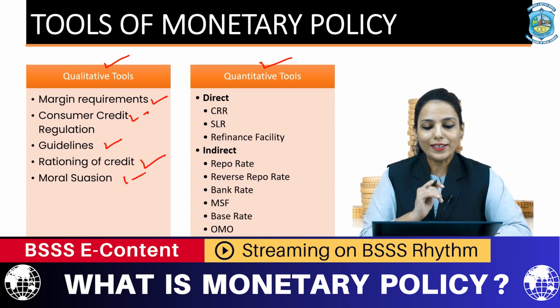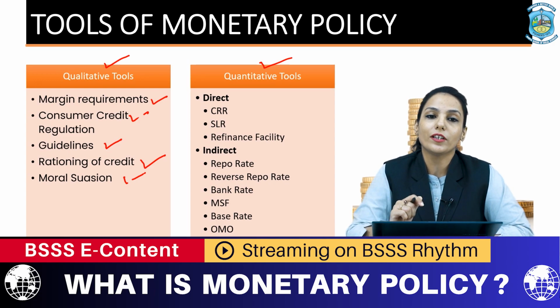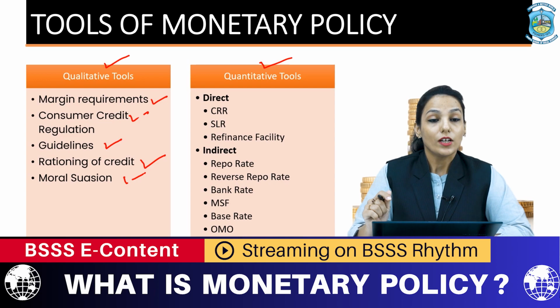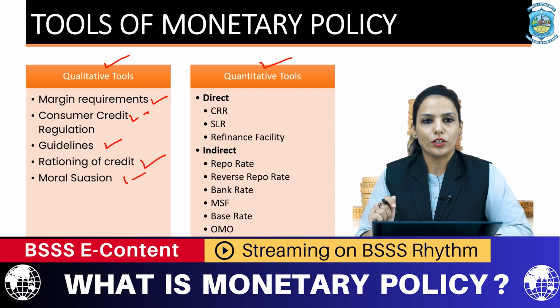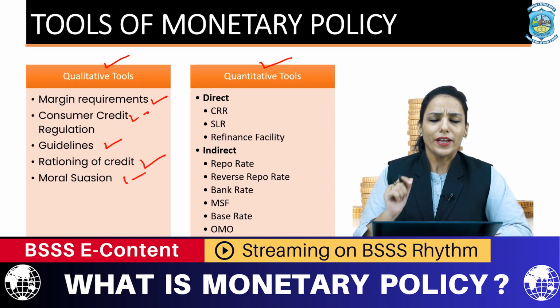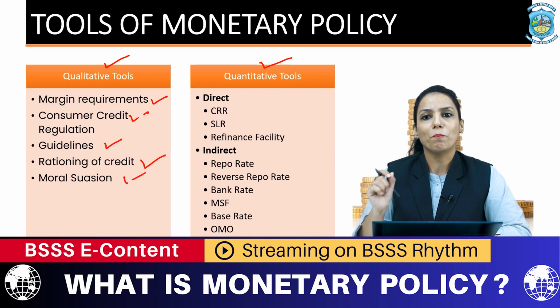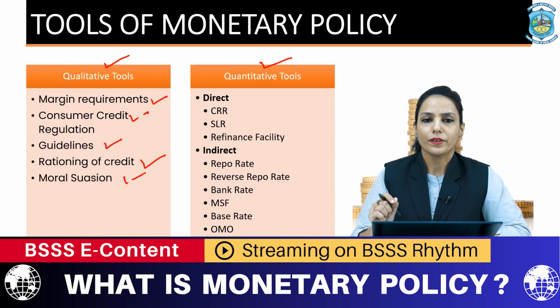Now, let's have a look at the quantitative tools. The first direct quantitative tool relates to CRR, cash reserve ratio. It is the deposit ratio that banks must maintain with the RBI.